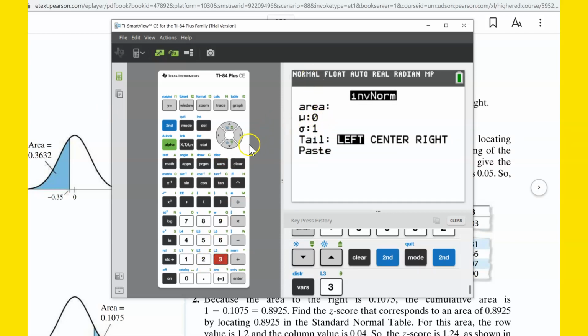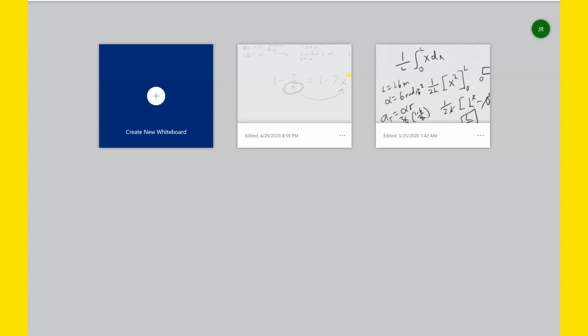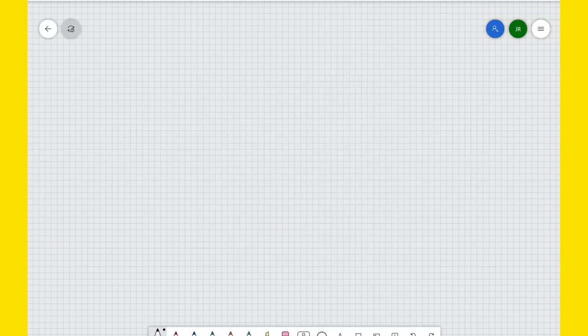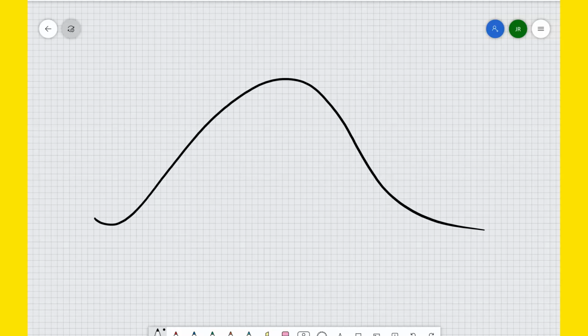The area that we're looking for, let me draw this for you, because you need to see it. If they gave you the area is 0.3632, that means this area right here is 0.3632, or 36% of the area.